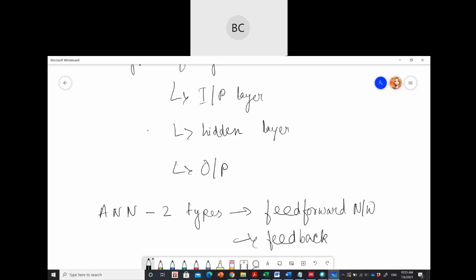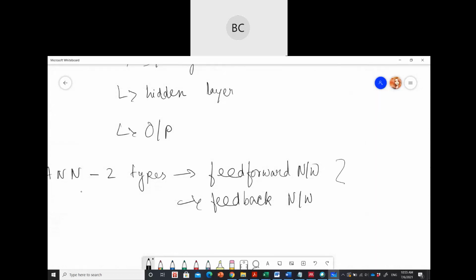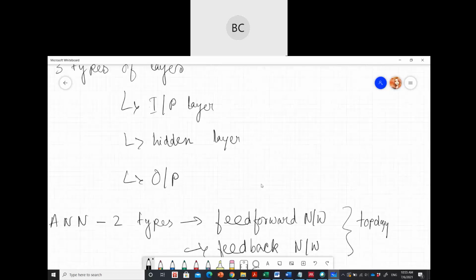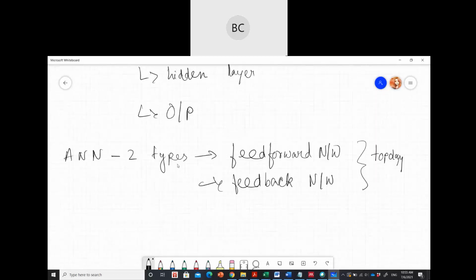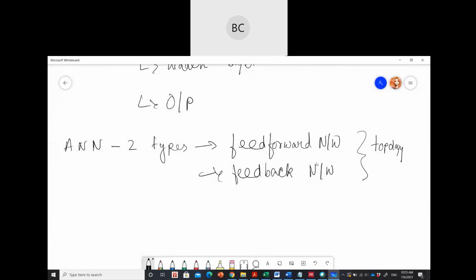This is based on topology. Topology-wise, there are two types of networks: feed forward and feedback. Your MLP, or multi-layer perceptron artificial neural network, is a feed forward network. Feedback networks are recurrent neural networks and self-organizing networks. But all the normal neural networks we use are feed forward networks.